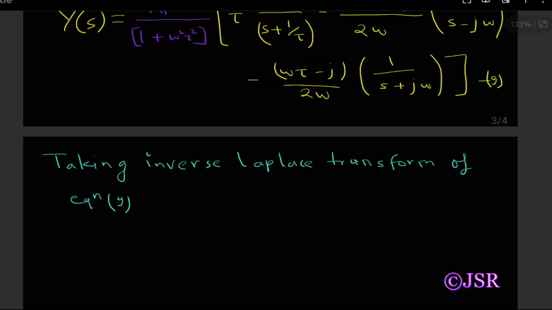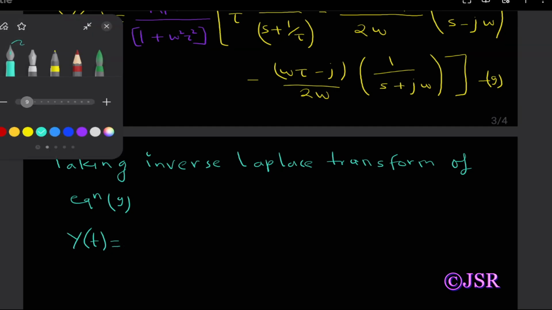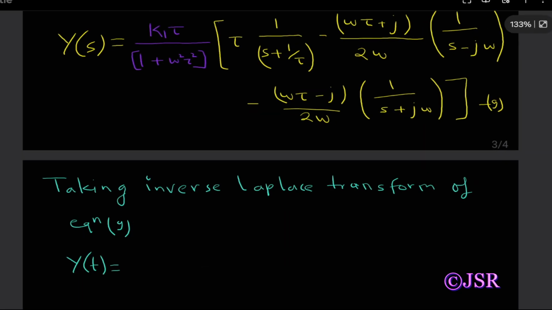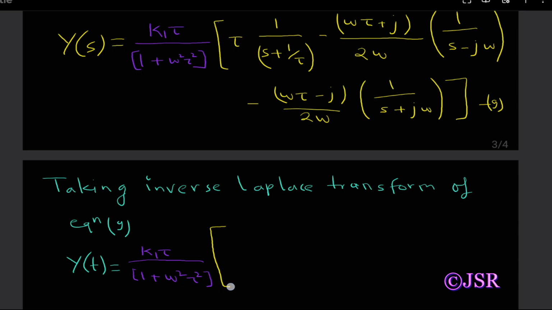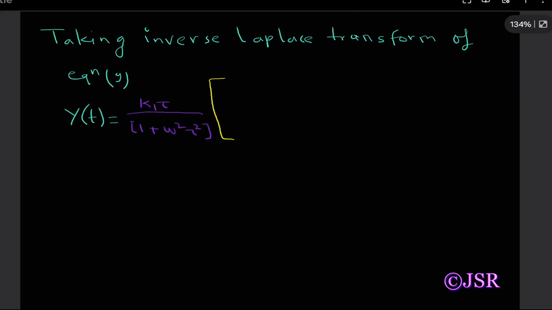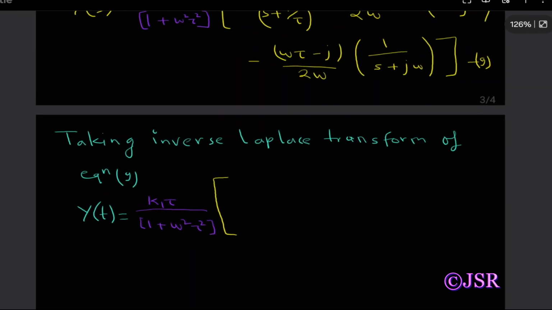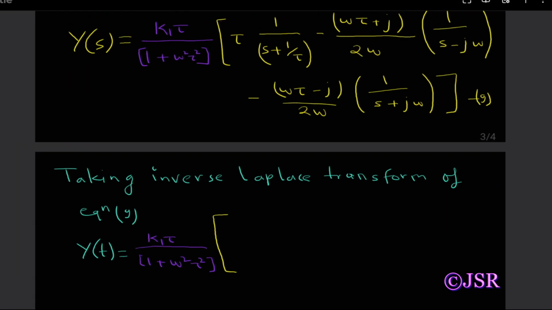On the left hand side the inverse Laplace of y of s will be y of t, equal to k1 tau upon 1 plus omega square tau square, and then inside the bracket we will have the other terms.